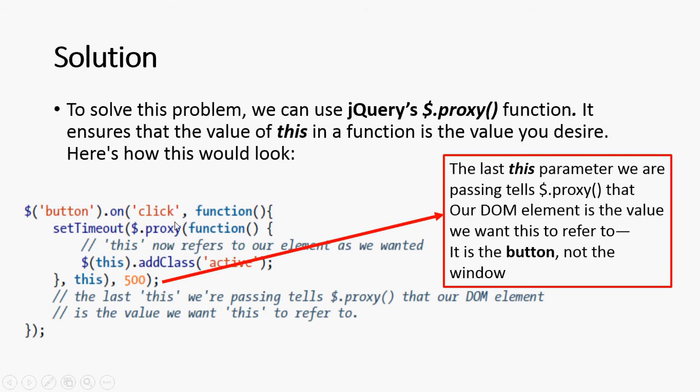By using the proxy like this, we just put the main body of our code into the proxy, and the parameter we are passing will tell the proxy that our DOM element is the value we want this to refer to. Here it is the button, not the window.